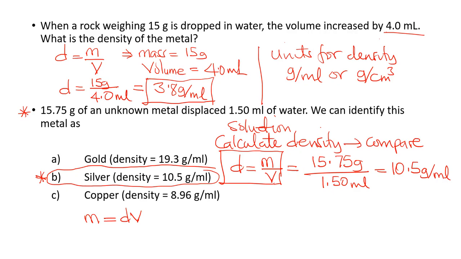Or I can ask you to determine volume. And volume is mass divided by density. So you should be able to play around with this density formula, and it's important because you are going to meet similar problems on exam 1 and your final.